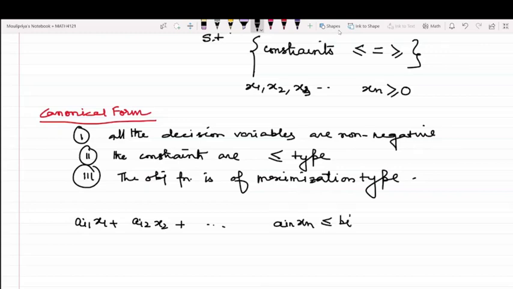Am I correct with this? This can be the ith constraint.